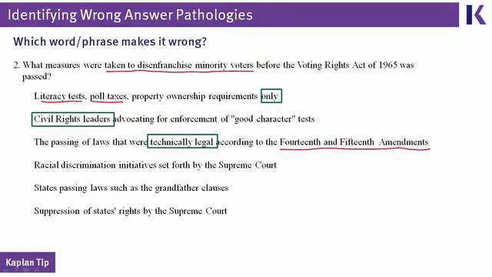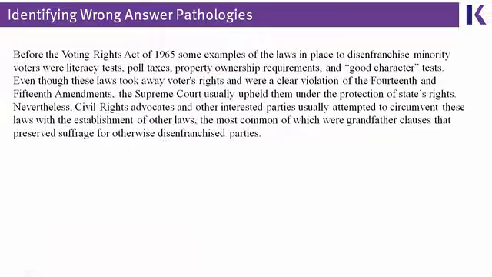Next is the fourth answer choice. This one goes wrong, we'll say, by the words "set forth by." Although really you could have also said it's the words "the Supreme Court" that makes it wrong. But the important thing is you understand why that makes it wrong. And it's because back here in the passage, we do see that the Supreme Court upheld these laws under the protection of states' rights, but all we see is that the Supreme Court upheld laws that were already there.